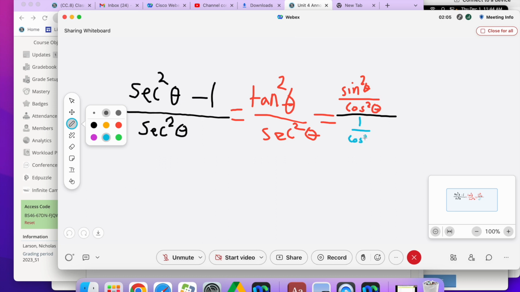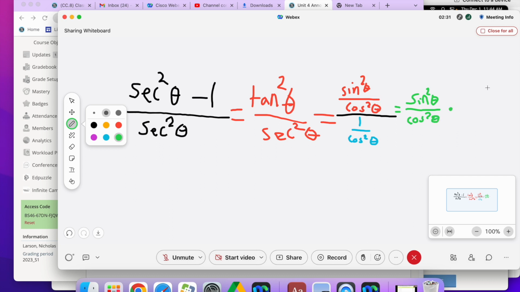And we know that when we divide fractions, we actually multiply by the reciprocal, which tells us to keep my numerator, my first term, the same, over cosine squared. I'm going to change division to multiply.